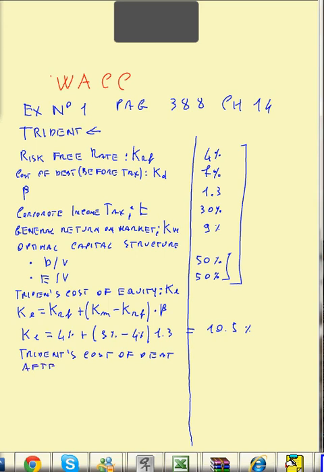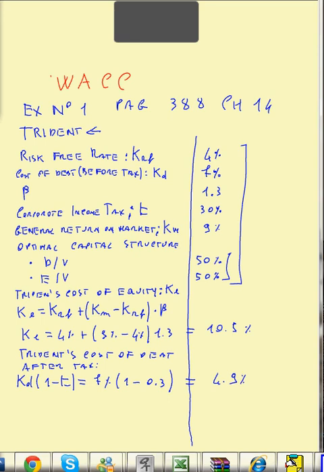Because Trident pays tax on debt, we have to compute KD, the cost of debt, times 1 minus T, which is the tax rate. So we compute 7% times 1 minus 0.3, which is the tax rate, and we get 4.9%, which is the net cost of debt, if you want.